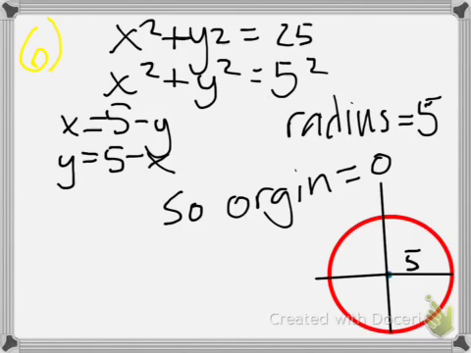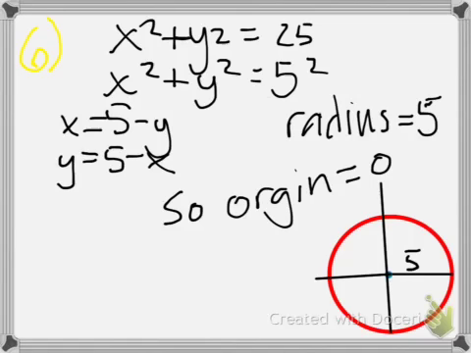Right here, we're going to show you how to graph a circle. The problem is x squared plus y squared equals 25. So x squared plus y squared equals 5 squared.